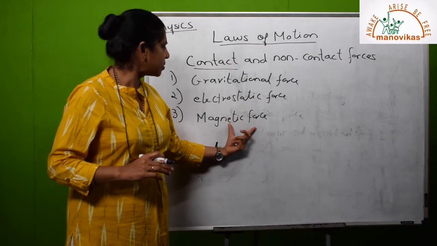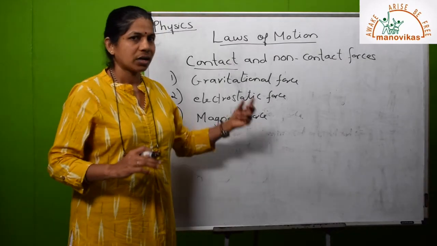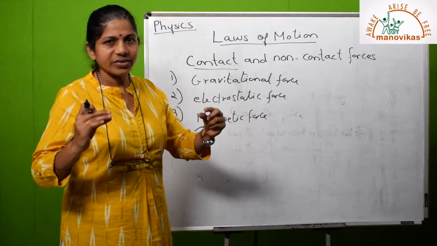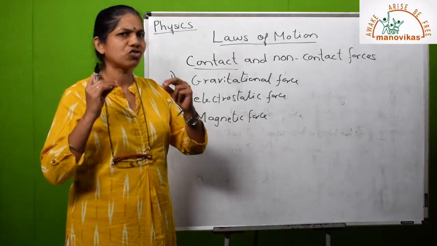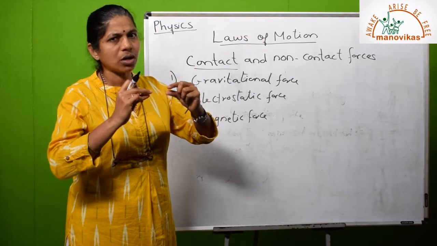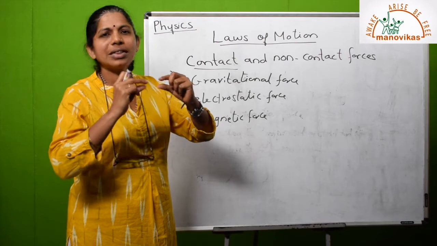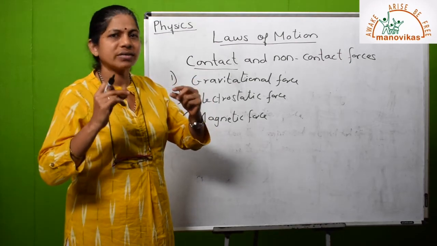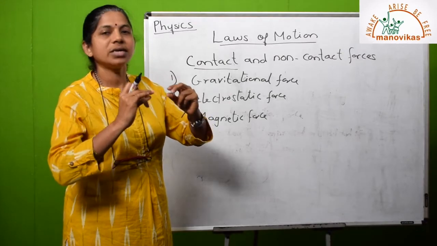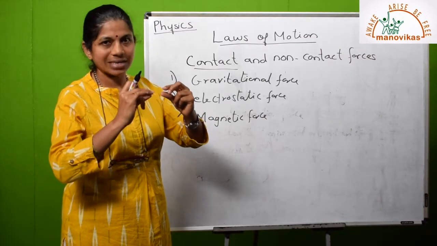And the third example is magnetic force. Now we all know that like poles of a magnet repel each other, whereas unlike poles of a magnet attract each other. If you have north and north pole or south and south pole, they repel each other, whereas if you have north pole and south pole, they attract each other. So initially there is no contact between the magnets.